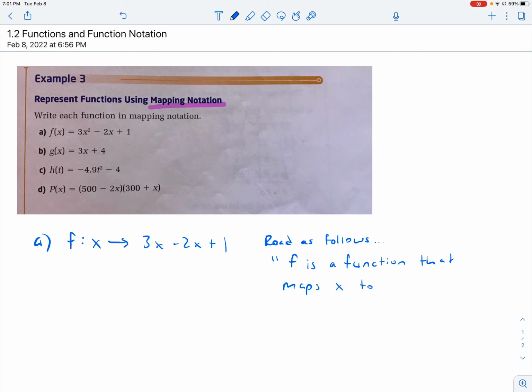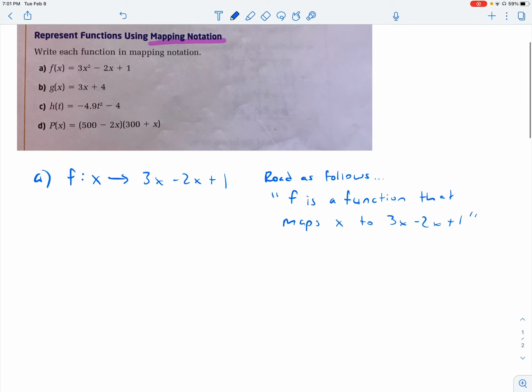And we just write out the equation 3x minus 2x plus 1. So this is how we would read this out loud in class. We would say f is a function that maps x to 3x minus 2x plus 1.